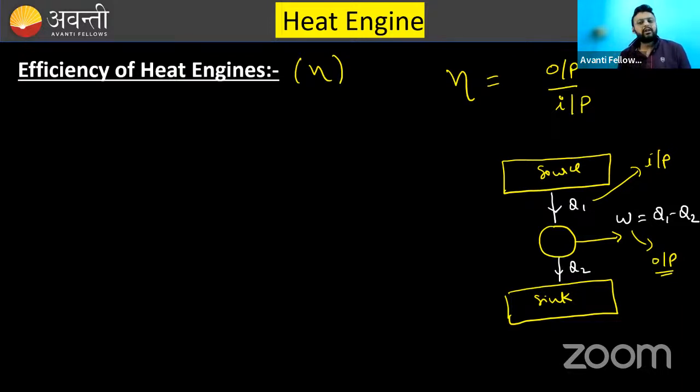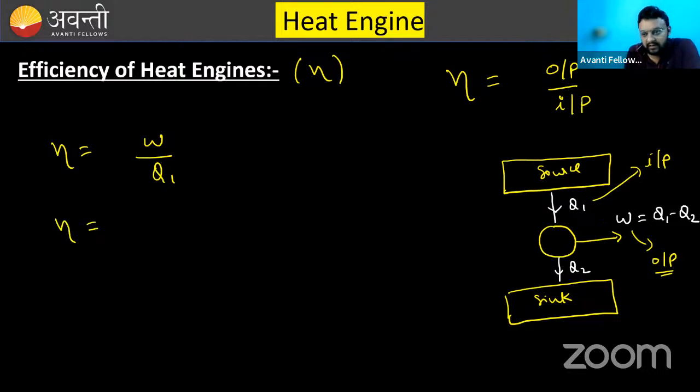It's a general term, so you need to identify which is output and which is input. The work you are getting from the engine is your output, and the heat you are receiving from the source is your input. So efficiency will become W over Q1.